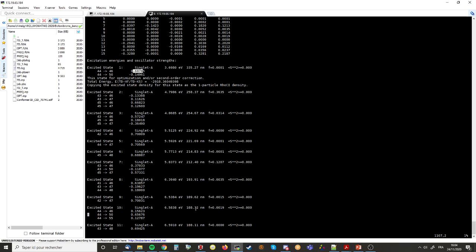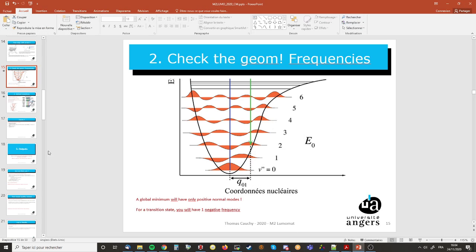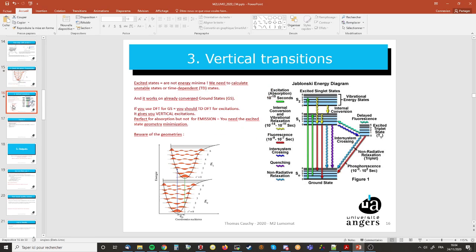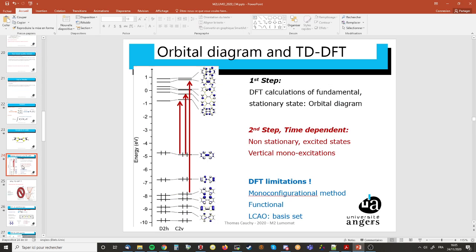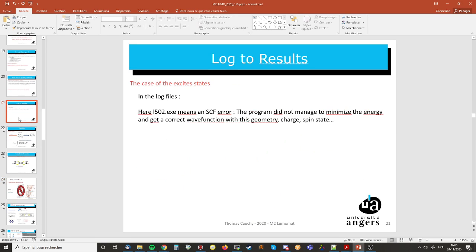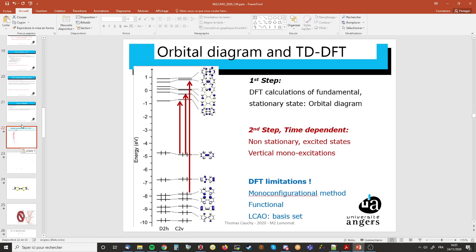The thing is, when you do a calculation, so here it's a diagram, just an example.